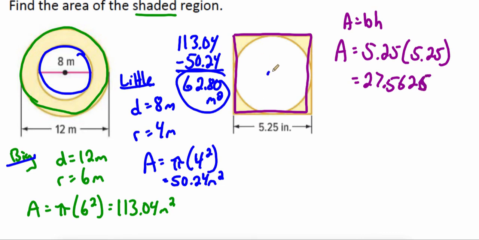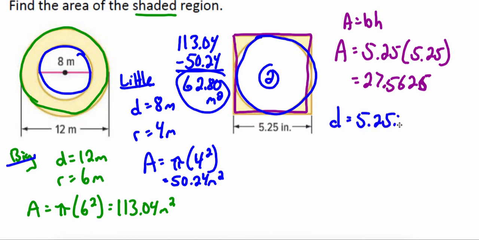Then, shape 2, our circle, the part that's missing. Well, the diameter of the circle is 5.25 inches. Sorry, my answer up here was in inches squared. My diameter is 5.25, so my radius is half of that, which is 2.625 inches.